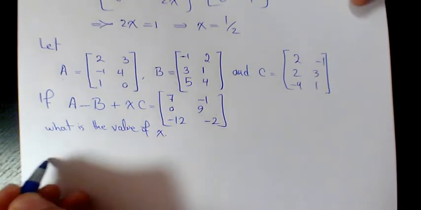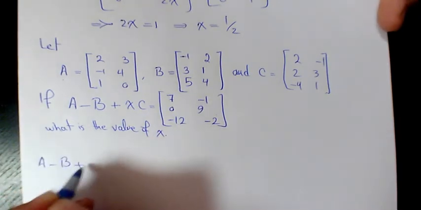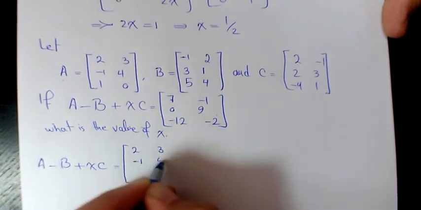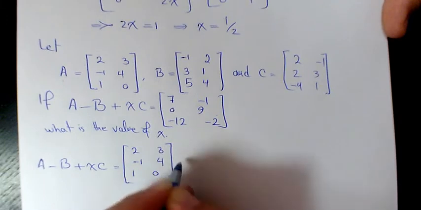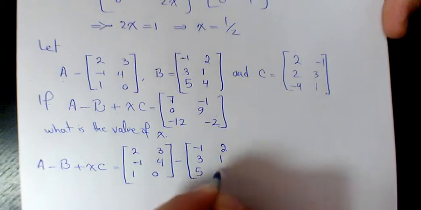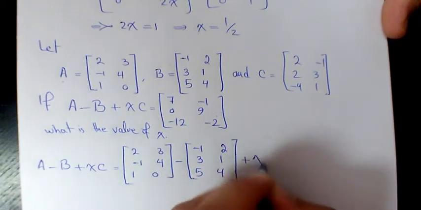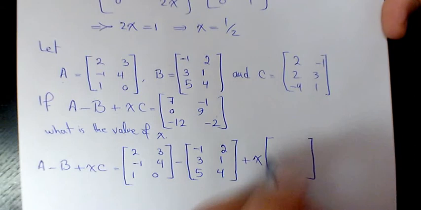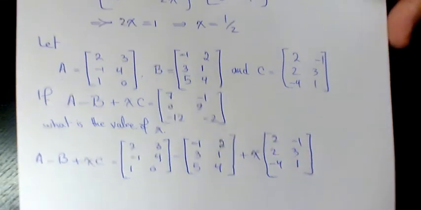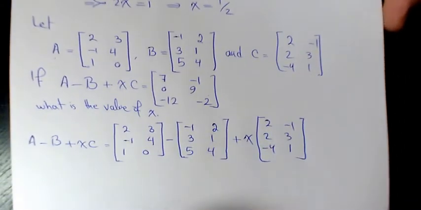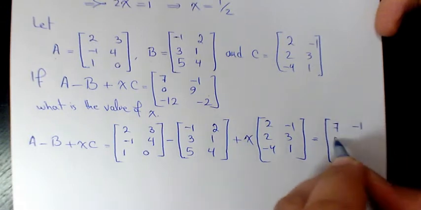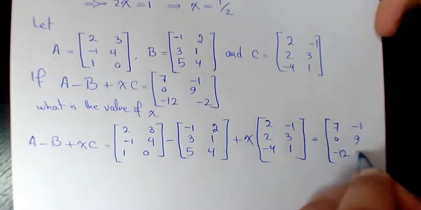So we need to find A minus B plus xC first, which is 2, 3, negative 1, 4, 1, 0 minus negative 1, 2, 3, 1, 5, 4 plus x times 2, negative 1, 2, 3, negative 4, 1. That's supposed to be equal to 7, negative 1, 0, 9, negative 12 and negative 2.